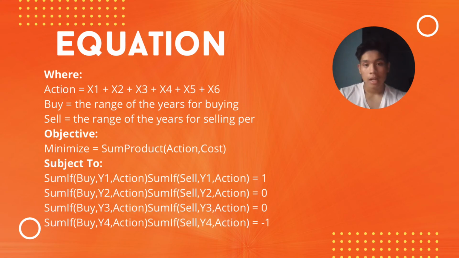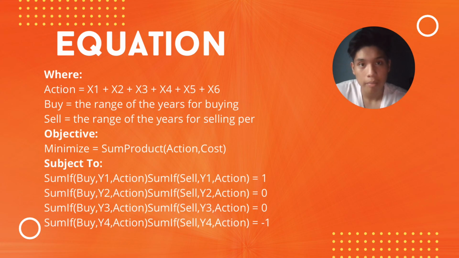Then, subject to SUMIF(buy, y1, action) minus SUMIF(sell, y1, action) equals 1. SUMIF(buy, y2, action) minus SUMIF(sell, y2, action) equals 0.